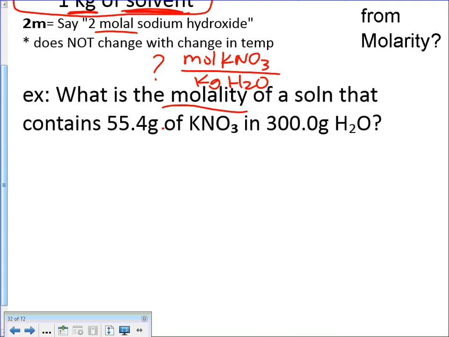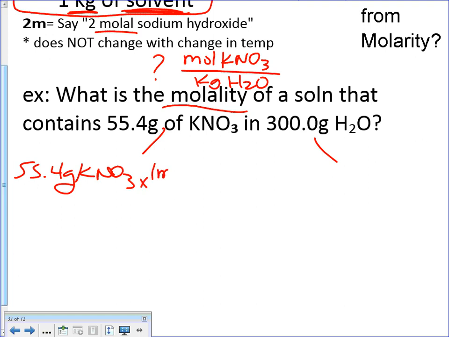What's the problem with both of these right now? They're not in the right units, right? So get this one to correct units for me first. 55.4 grams KNO3. What do I do? Okay, what are you calculating? It's molar mass, so 39.1 plus 14 plus 3 times 16.